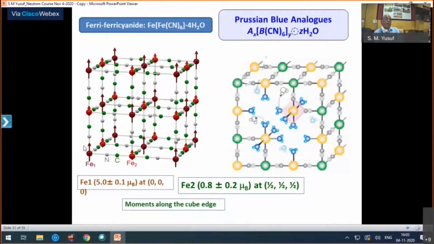Similarly, you have this side nitrogen, this side nitrogen, this side nitrogen. So in the three-dimensional picture, iron 1 is surrounded by a nitrogen octahedron. Similarly, another iron; this is at the 000 position with regard to this unit cell. This is called the magnetic unit cell.